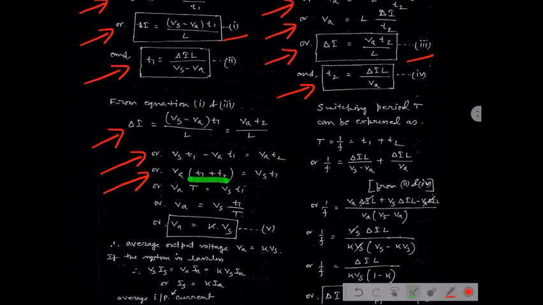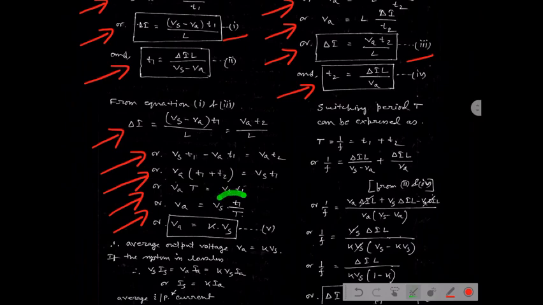As we know, T1 plus T2 is defined by the complete cycle T. So we replace that term by T, which gives Va T equals Vs T1. So after derivation, we get Va equals Vs times T1 by T.